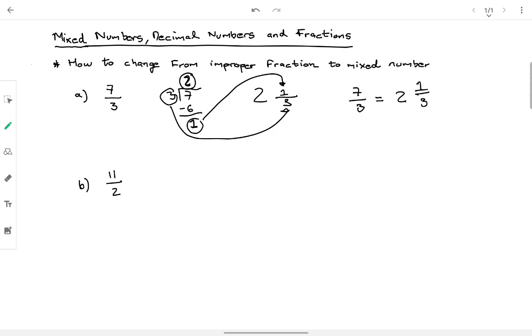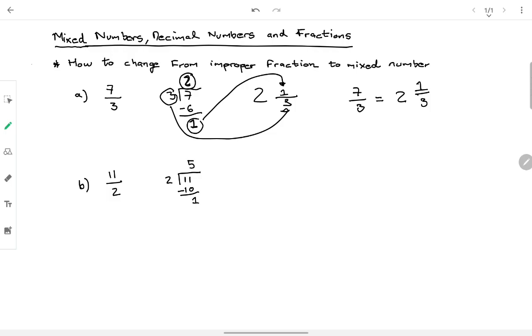Let's see another example. If we have 11 halves, we can divide 11 by 2. We need 5 times. 5 multiplied by 2 is 10. The subtraction gives us 1.